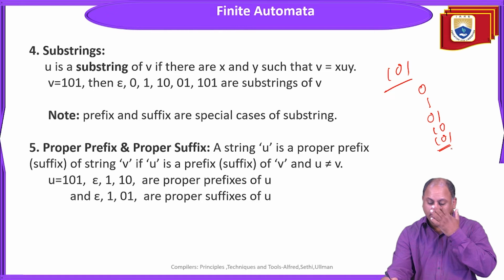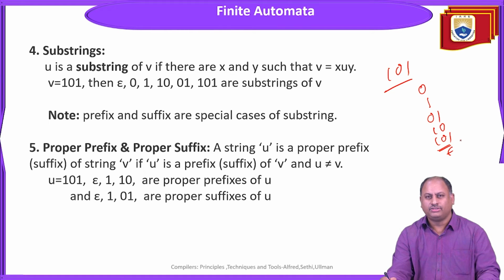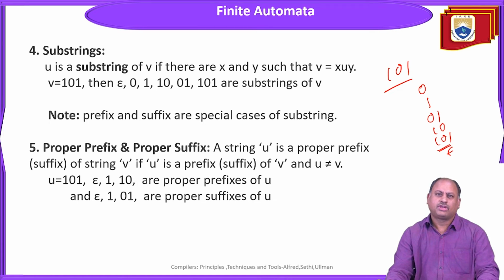Why? Because if you take epsilon, 1, 0, 1, that is also a substring. So epsilon is a substring, and all the prefixes and suffixes are also substrings for the special cases considered.